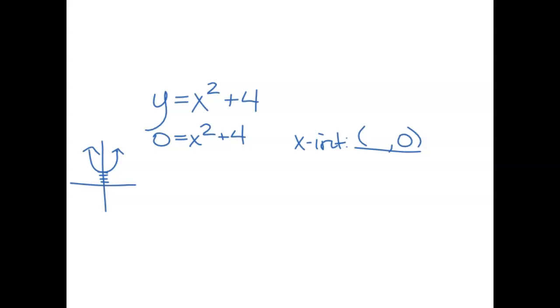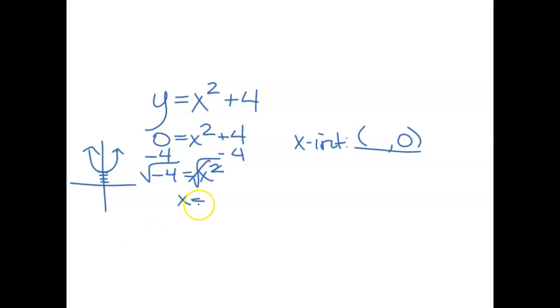Now, if I solve, how do I unsquare the x? I square root, right? And can you square root negative numbers? No, but you can simplify them and make them imaginary.